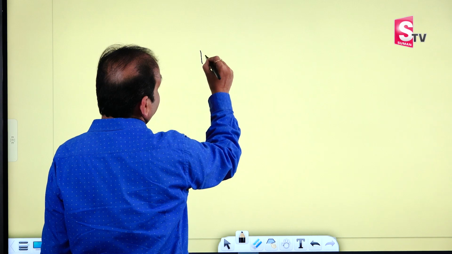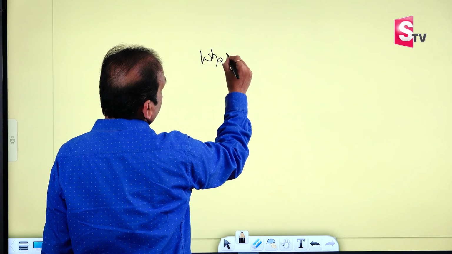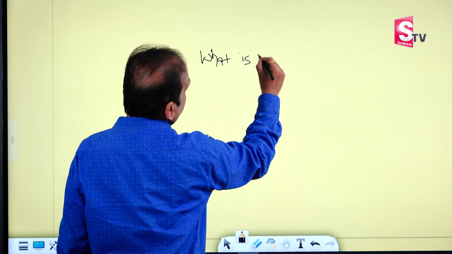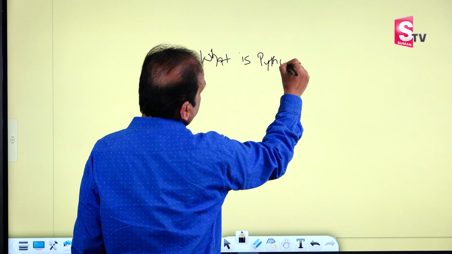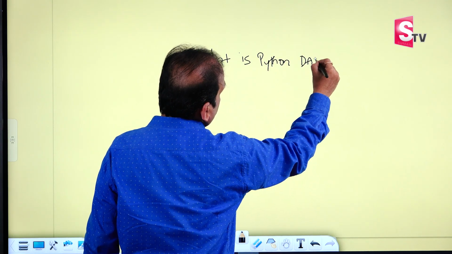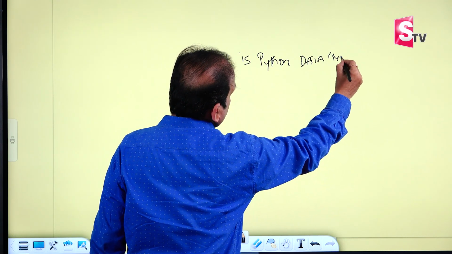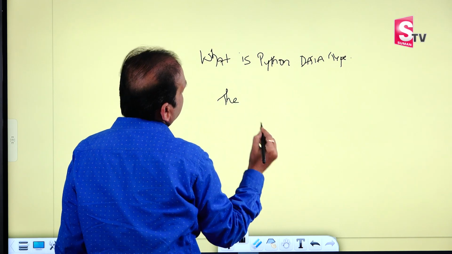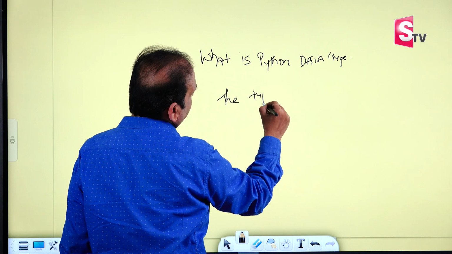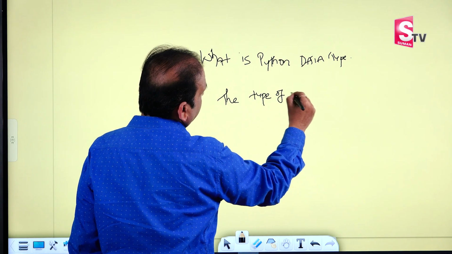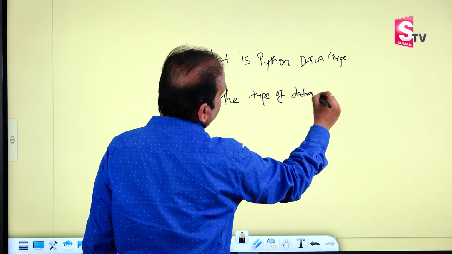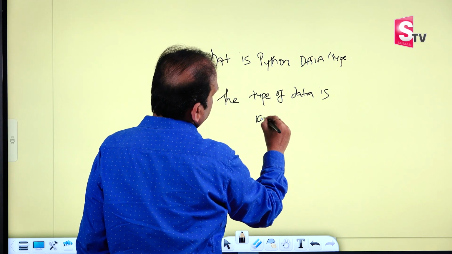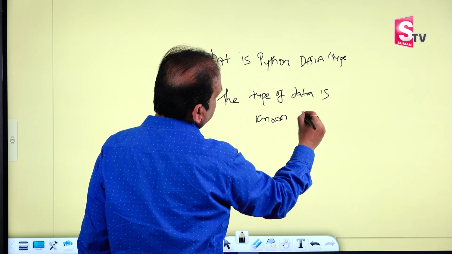So what is a data type? What is the definition of data type? The type of data is known as data type.